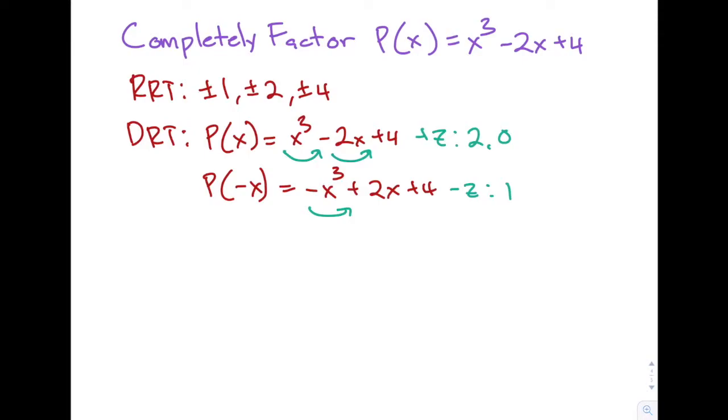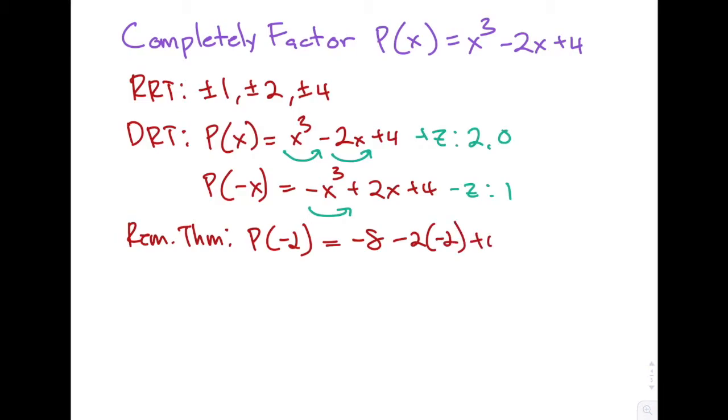I happen to know what one of the rational real zeros is, so we'll just use that for now. By the remainder theorem, we do p of -2, and that gives us -8 minus 2 times -2 plus 4, which equals 0. So -2 is a zero of the polynomial p.